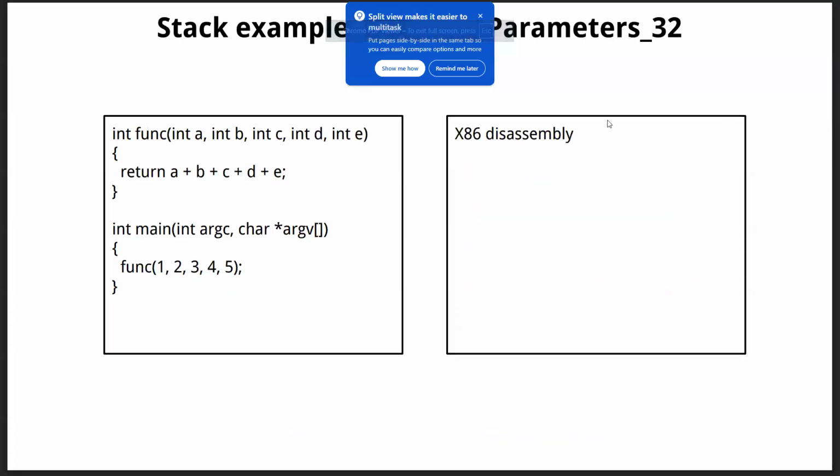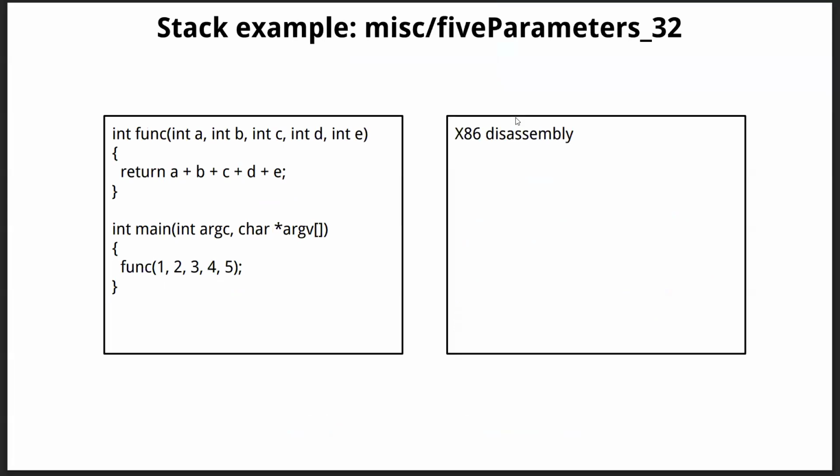Okay, what's this? Another example. This one I want to show you also shows how we push parameters onto the stack. The function takes 5 parameters, A, B, C, D, E, adds them together, that's it.